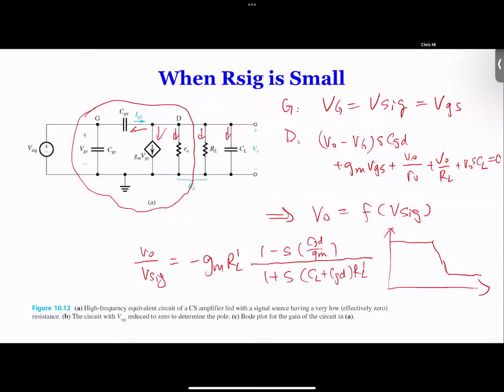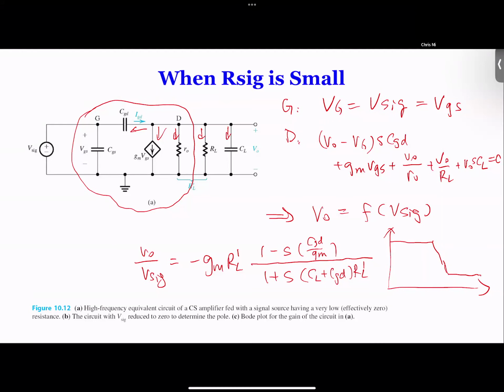So the reason we have this type of curve is because, now you guys can tell me, what is the frequency at this point? The 3 dB. On this equation, what frequency is this equivalent to? Yeah, that's the pole that you have.